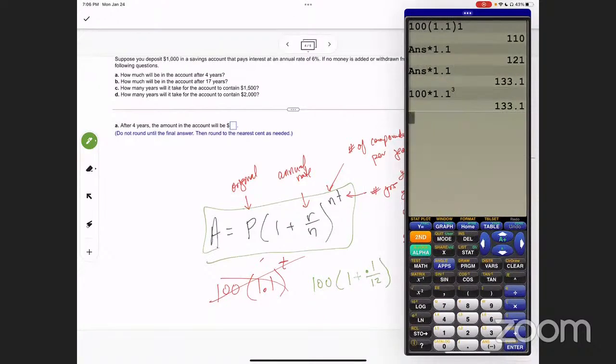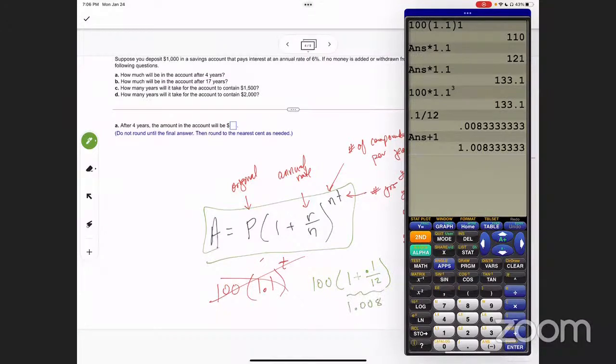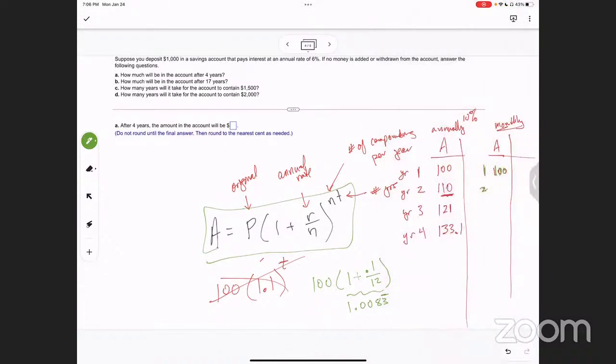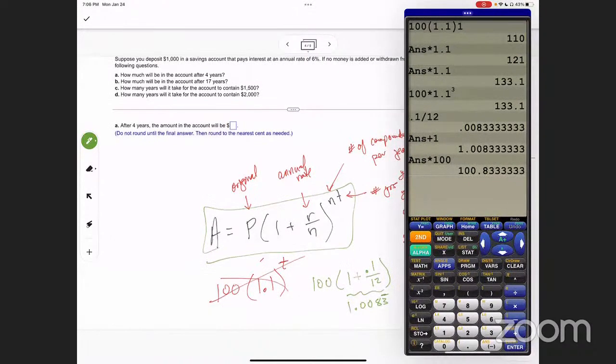So let's see what that is. 0.1 divided by 12, if I add 1 to it, my increase every month is 0.0083 repeating. If I multiply that by 100, that's how much money I'll have in my bank account after month one. So after month one, I'm going to have $100.83 in my account. After month two, I'm going to multiply that number by 1.008.